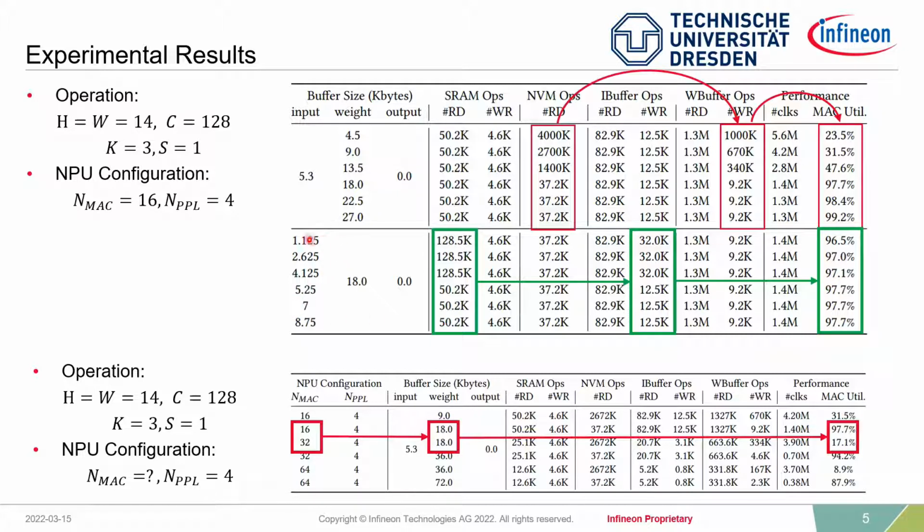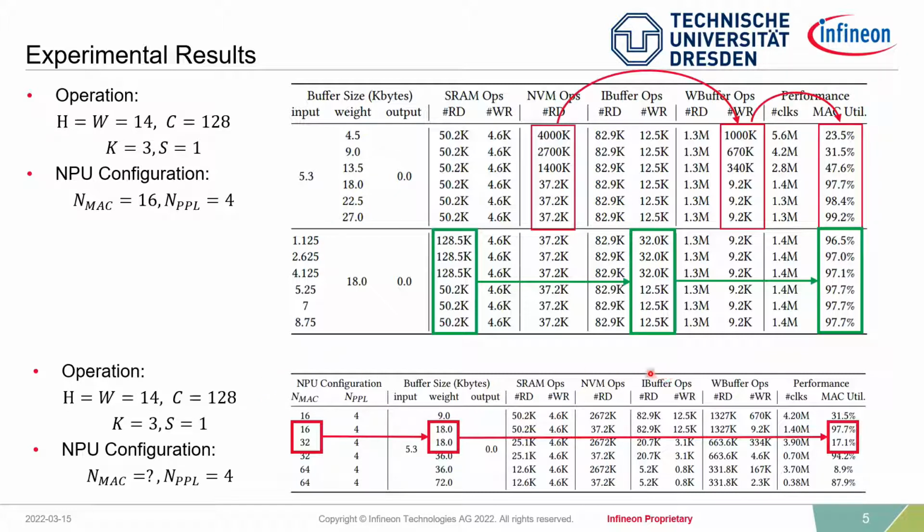In the one below, we fix the weight buffer size but change the input buffer, and we can see the input buffer size really affects the number of SRAM read operations, but not so significantly because the final MAC utilization is almost the same. So we would say that for this operation, the input buffer is not as important compared to the weight buffer.